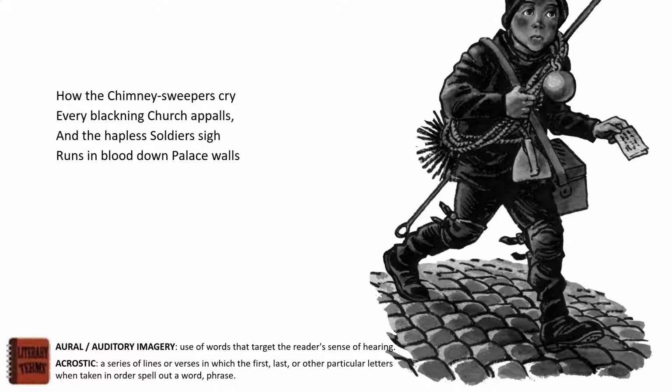Look at that really interesting adjective there, which is obviously linked to the image of the soot from being a chimney sweep, but also has this link to something that's hellish and dark in a moral way. So he's exposing here the hypocrisy of the church, this image that the church is supposed to represent all the good in society, but actually it's a blackening church that's been shamed by what it's letting happen to these innocent children who should be being looked after.